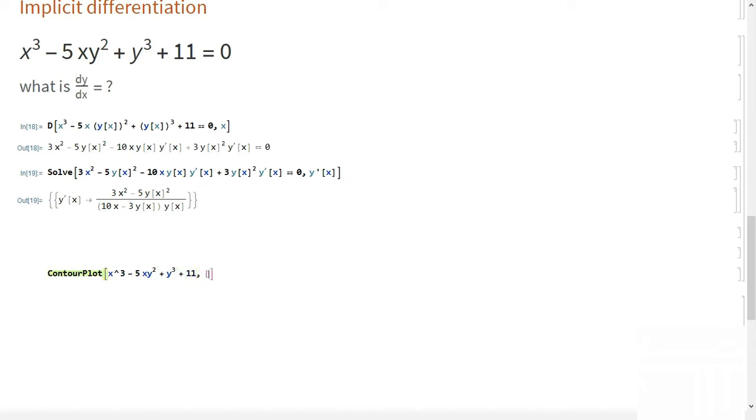And then first you need to specify the x values, that is the interval of x. Let's say -4 to 4, and for y let's say -6 to 6. You can take any interval you want.